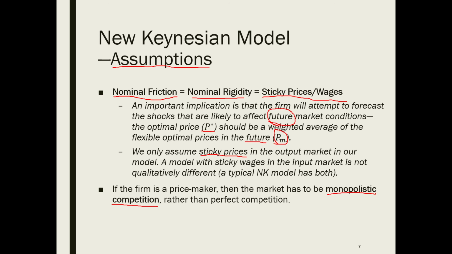But if you assume nominal friction, then you have to assume a certain pricing power of each firm. So nominal friction and monopolistic competition are two assumptions of any new Keynesian model, and you can't have only one; you have to have both at the same time to ensure logical consistency.